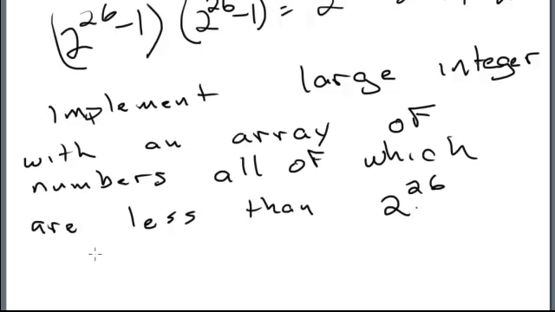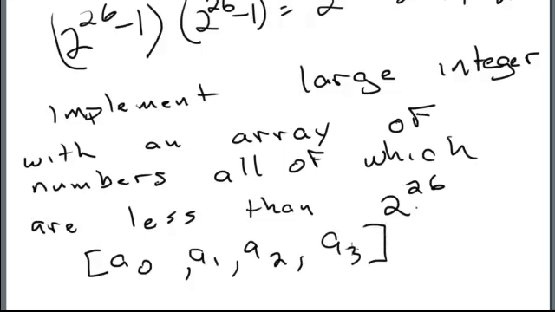And so we're going to have an array of numbers A0, A1, A2, A3, like we described before. A3 would be multiplied by 2 to the 26, cubed. So its position in the array implies the multiplication by the base to a certain power.